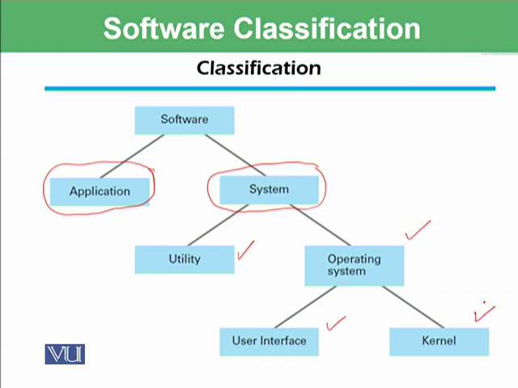As I was mentioning, whatever software you have used are basically examples of application software. And in system software, some utilities are available and the operating system is available. We will be discussing each of them, mainly the application and utility in this module.